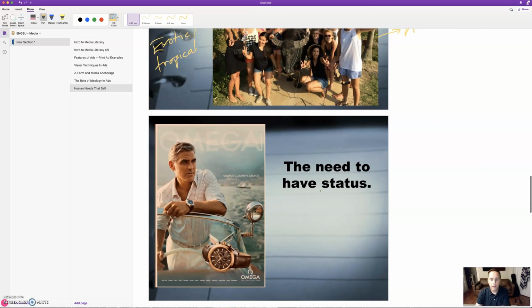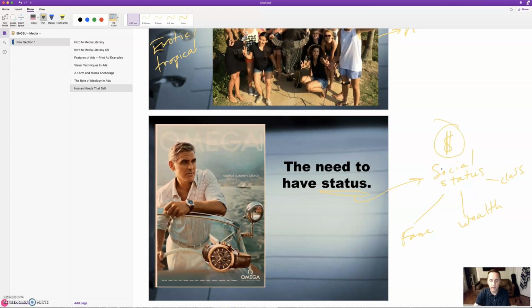Okay, next one would be the need for status. Okay, so this is concerning social status. And that could be fame, can be wealth, class, where you are in the society.